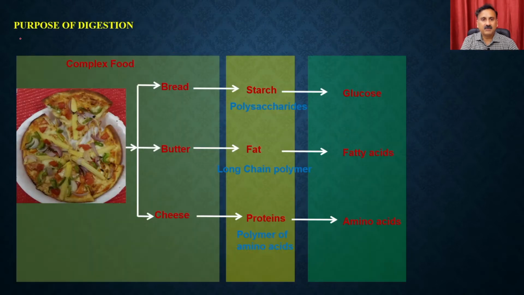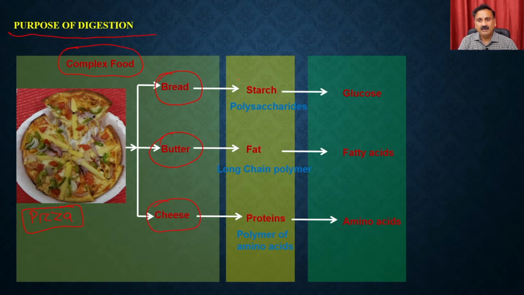So, the purpose of the digestion is that it is going to convert a complex food into the simple monomeric unit. So, you can see that we have taken an example the last time also, the example of the pizza, which is a very complex food where you have the different types of food materials, right. You have the bread, you have the butter, and then you also have the cheese, right.